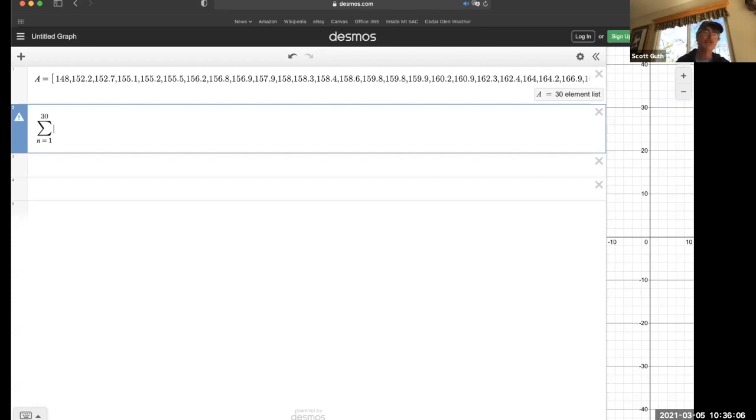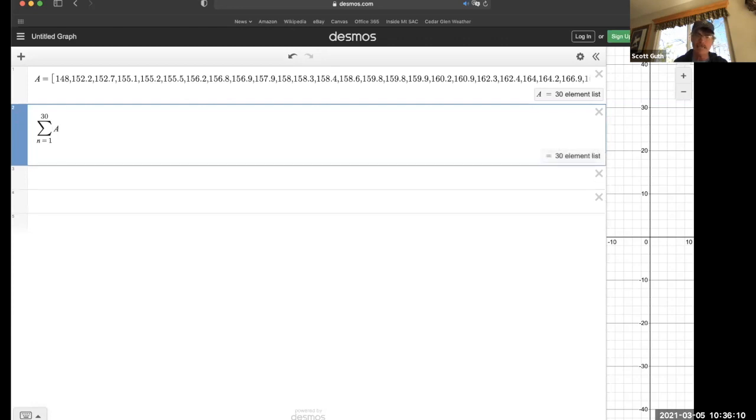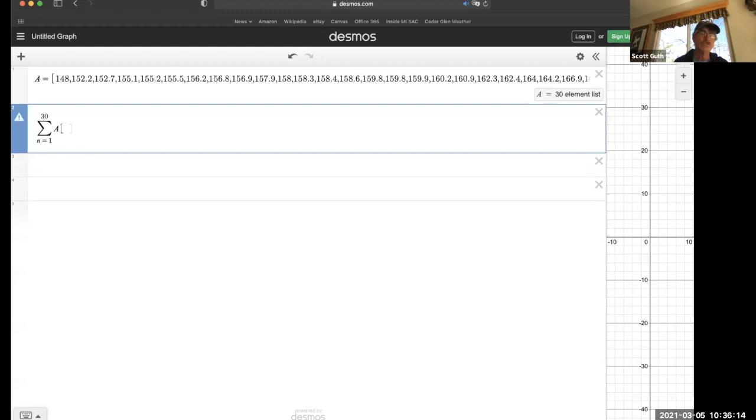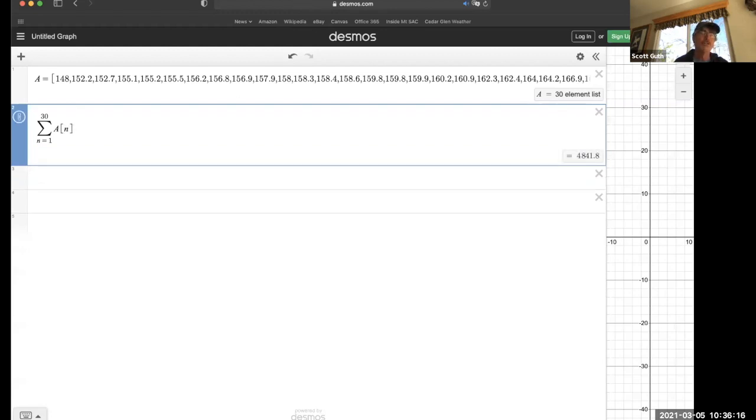So you have a counter going from 1 to 30, and you just need to add a, and then in square brackets an n, so that you're saying, okay, I want my counter to look at the nth element of a from 1 to 30, and just add those up.